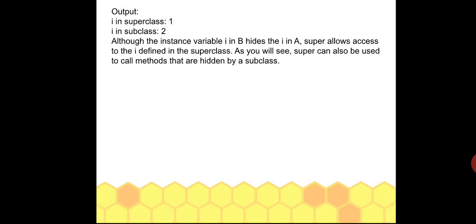That is the reason why you are able to access the variable of class A. As you will see, super can also be used to call methods that are hidden by the subclass. That means if the same method name you have in superclass A also exists in class B, it is possible. You can access the method using the super keyword. So this is how you work on the super concept.